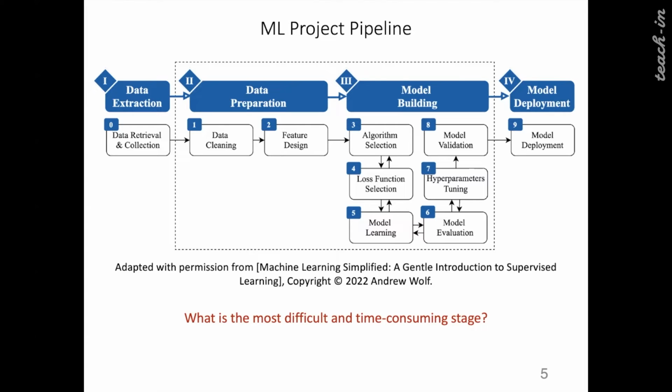Of course, it depends on the complexity of the model. If our model is very complex, then selection of architecture, not so much for machine learning, but more for deep learning, selection of hyperparameters, its evaluation and the training takes really a lot of time. But if we go a little bit deeper than that, then data cleaning and feature design can be really time consuming.